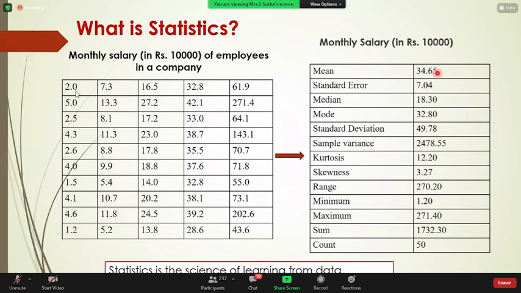Mean is equal to 34.65. This is very basic, right? So what does it mean? Any student? What does 34.65 mean?